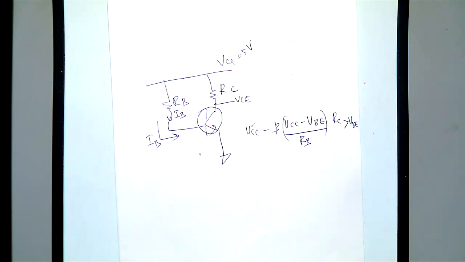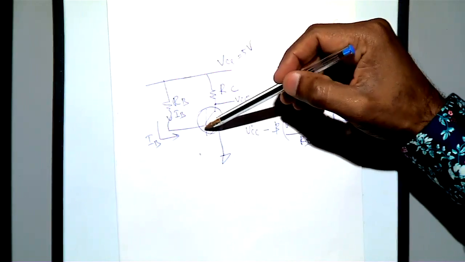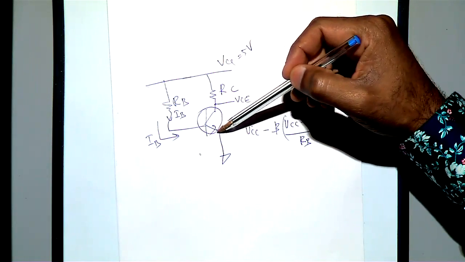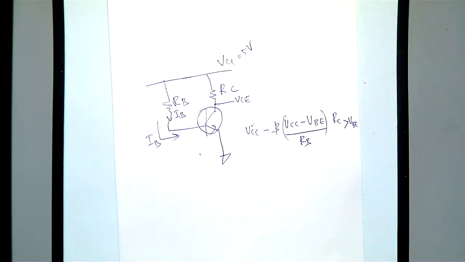VB is around 0.7 because here you have a diode. That's the reason we say it's forward biased at around 0.7, but we don't know the actual value. It could be 0.69, 0.68, 0.71, 0.72. So there is an uncertainty. We don't know the VB.